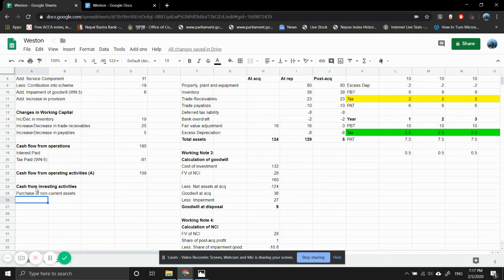Then receipts from sale of non-current assets. Okay, so net cash paid to acquire subsidiary, net cash received as proceeds from subsidiary disposal.